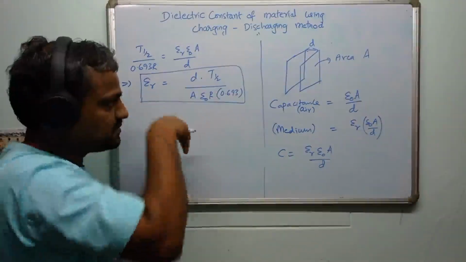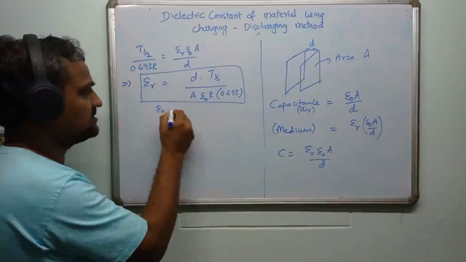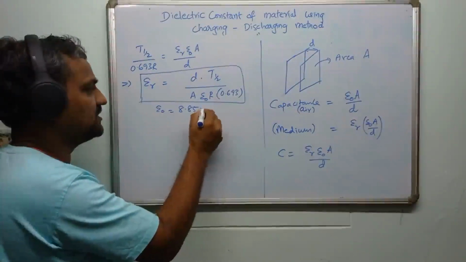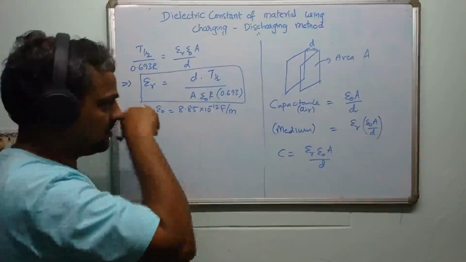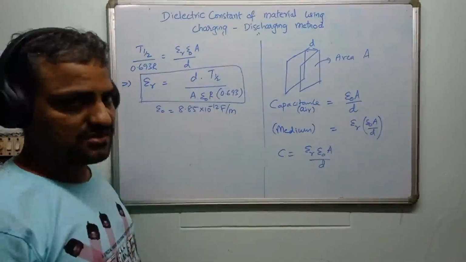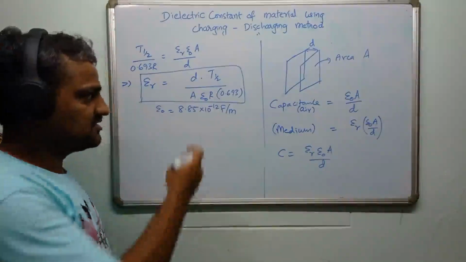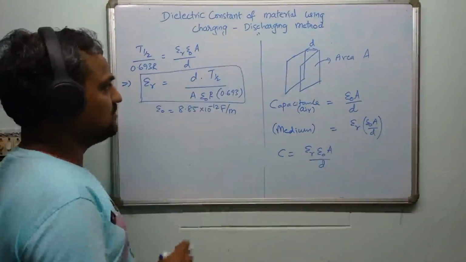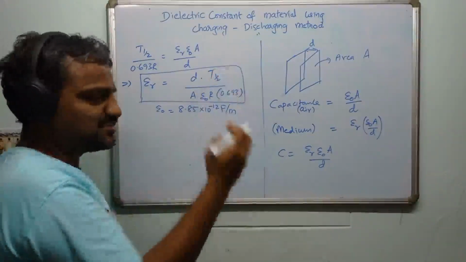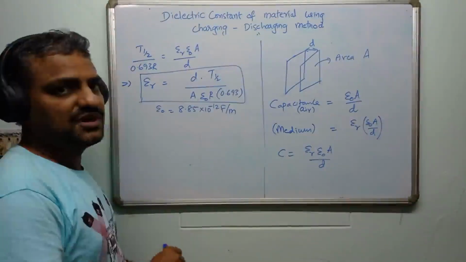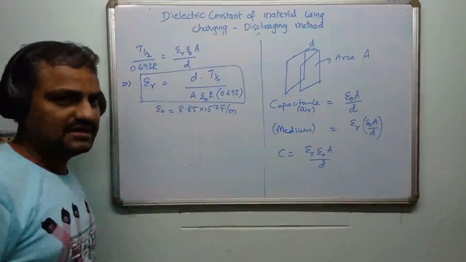Epsilon naught is the free space permittivity, equal to 8.85 into 10 power minus 12 farad per meter. 0.693 is a constant, and R, the resistance used in the circuit, is known to you. So R is known, d by A is available on Google, and T half is experimentally measurable, and hence finally you can get the value of epsilon R in this experiment.